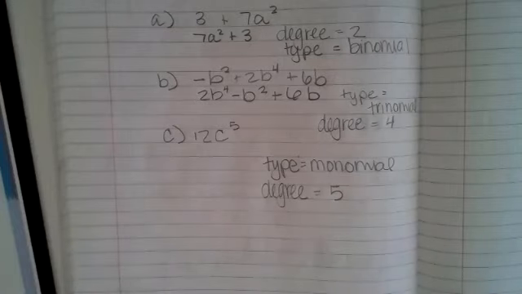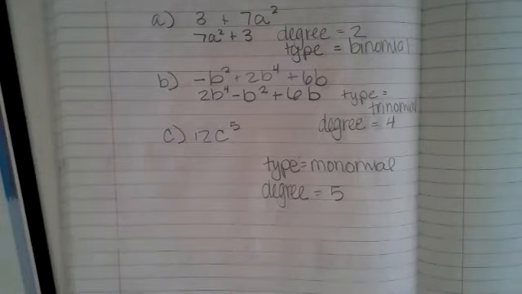Okay, so that is like the baseline of polynomials. That's the intro. So now what are we doing with these things? We are going to be looking at how we add and subtract polynomials.